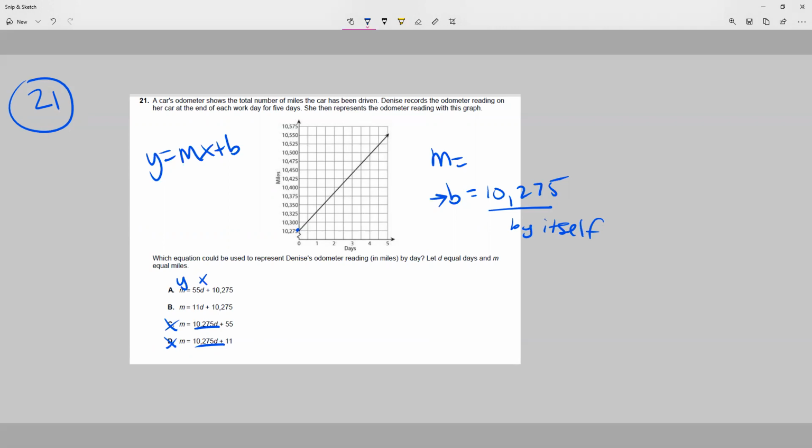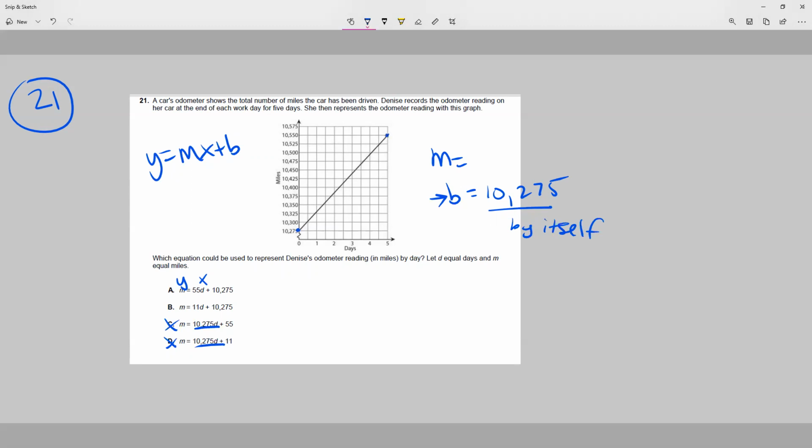And then I'm looking for my rate, which now I have to be a little bit more careful. So I'm down here at 10,275, and sometimes it's hard to tell where the points are. It must be extra hard on your side if you have a small screen in front of you.